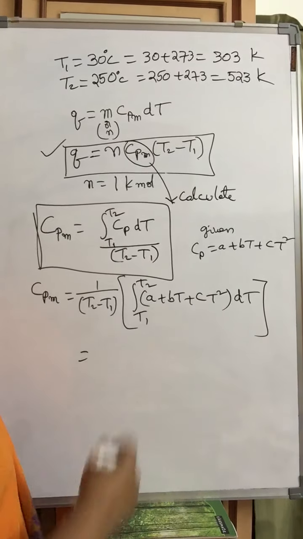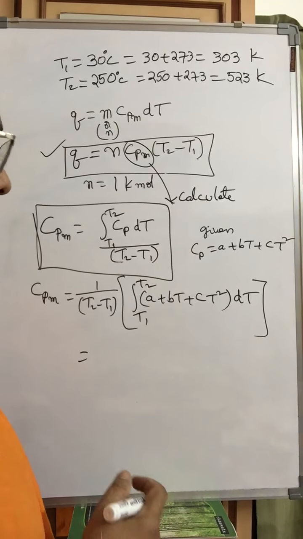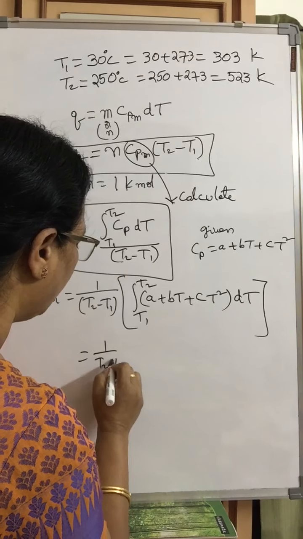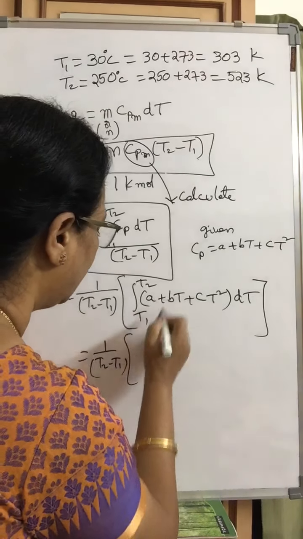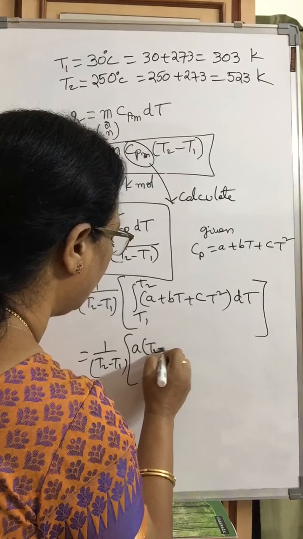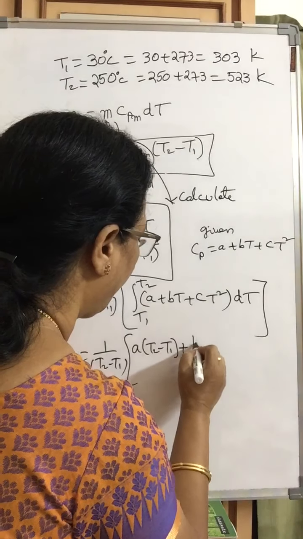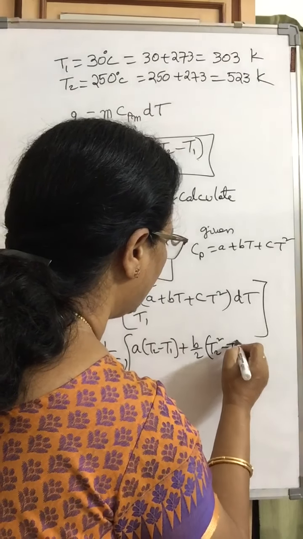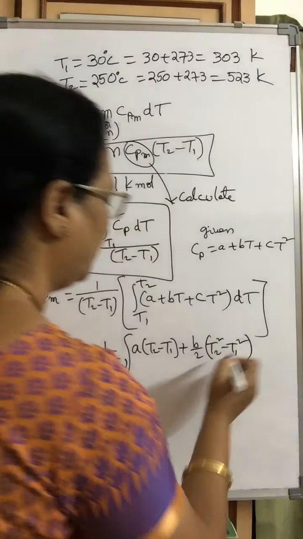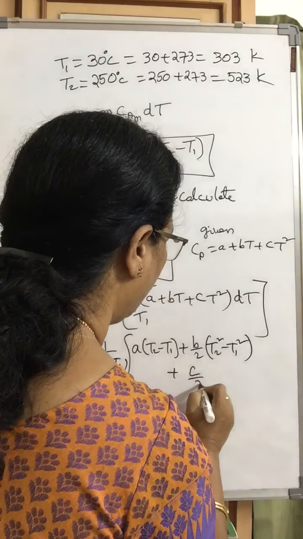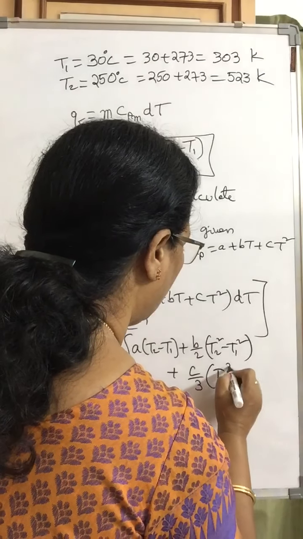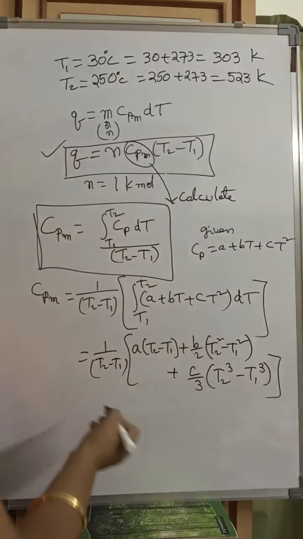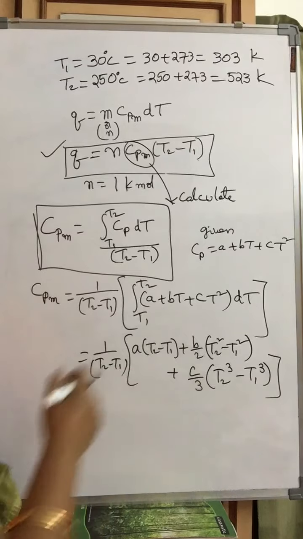After that we will substitute the values of A, B and C. So here 1 by T2 minus T1 into, this is A into T2 minus T1 plus B by 2 into T2 square minus T1 square, plus C by 3 into T2 cube minus T1 cube. This is the integration.